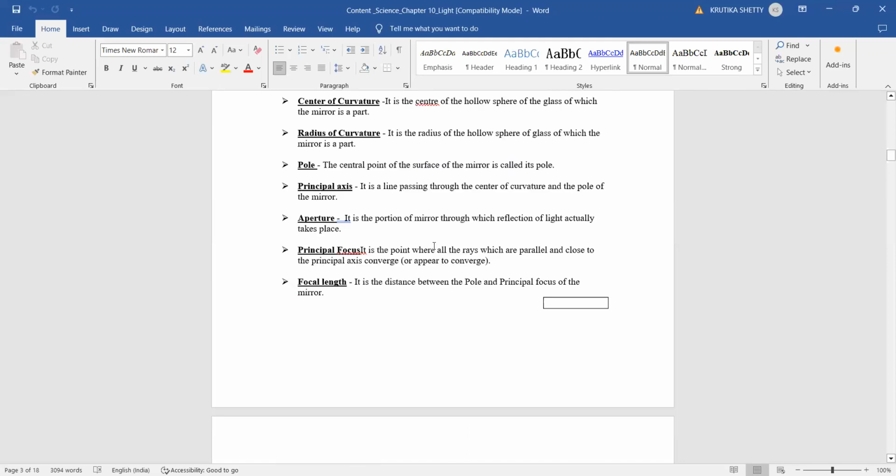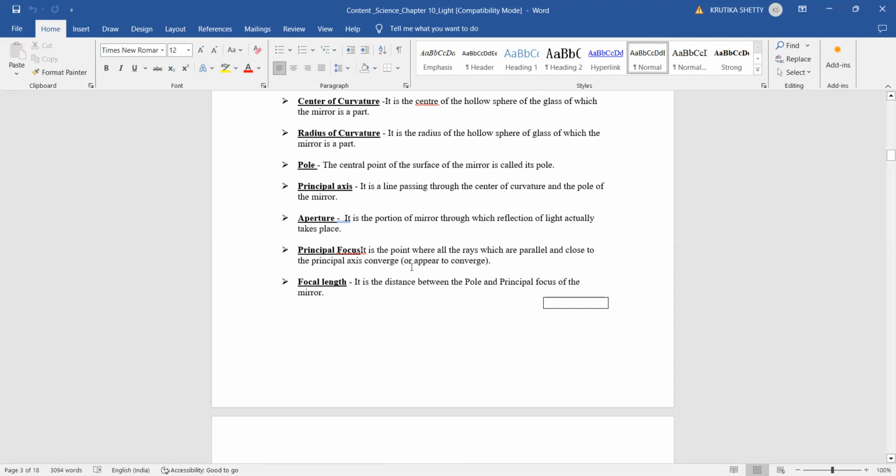It is the point where all the rays which are parallel and close to the principal axis converge or appear to converge. If you take the convex mirror, they appear to diverge.